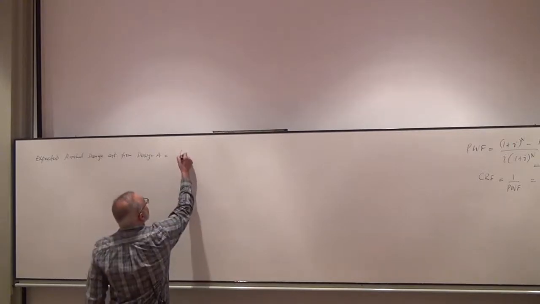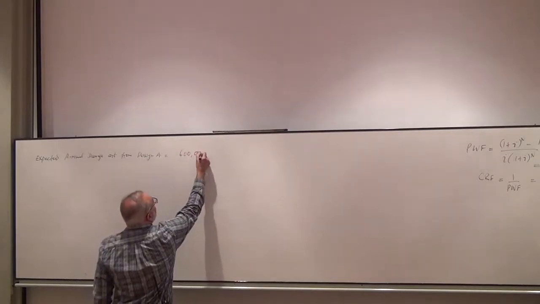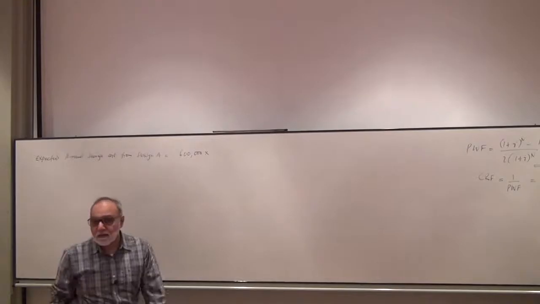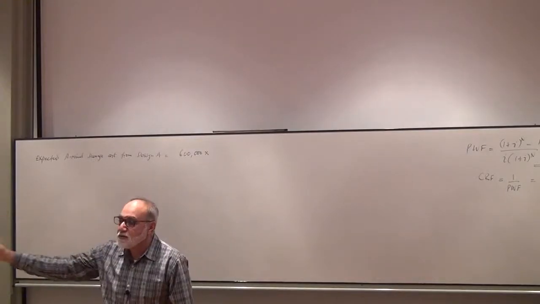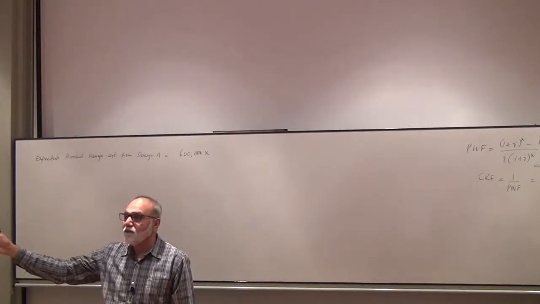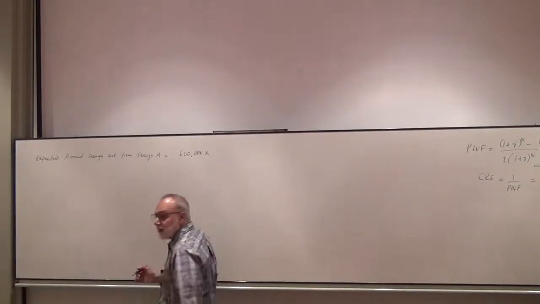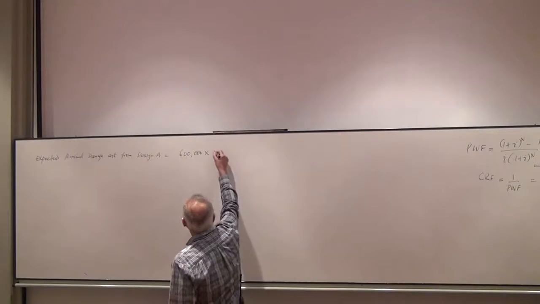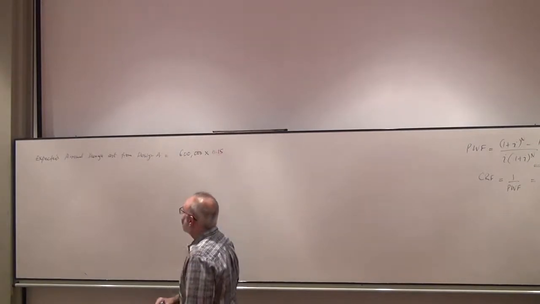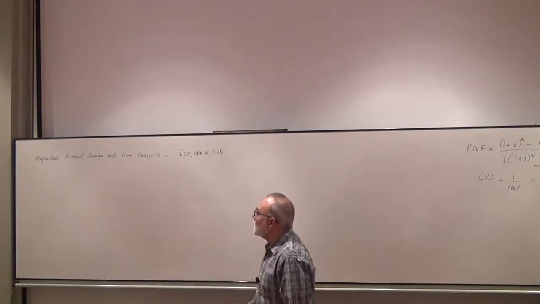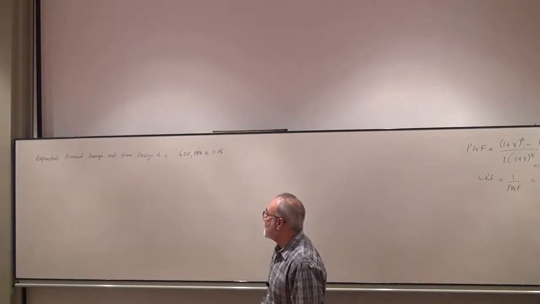So we have 600,000 multiplied by 0.15, remember that there is a 0.15 chance of overflow occurring for design A. That is the expected annual damage cost from design A.